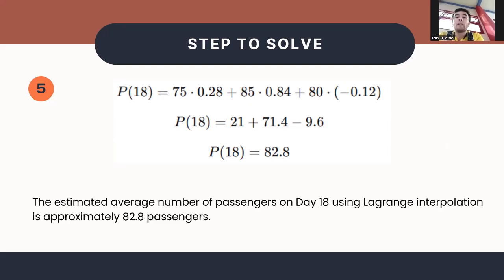If we substitute L1, L2, and L3, it's going to be 0.28, 0.84, and minus 0.12. So P of 18 is equal to 75 passengers times 0.28 plus 85 times 0.84 plus 80 times minus 0.12.